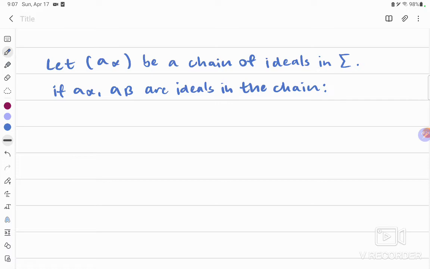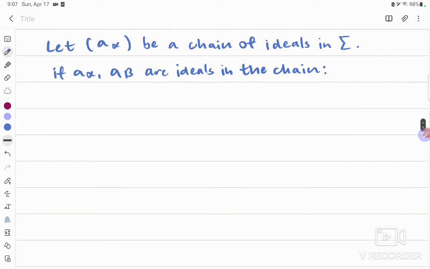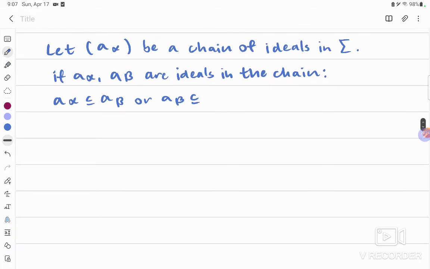So given these two ideals, we can state, without loss of generality, or actually I'll put both cases, a sub alpha is contained in a sub beta, or a sub beta is contained in a sub alpha.